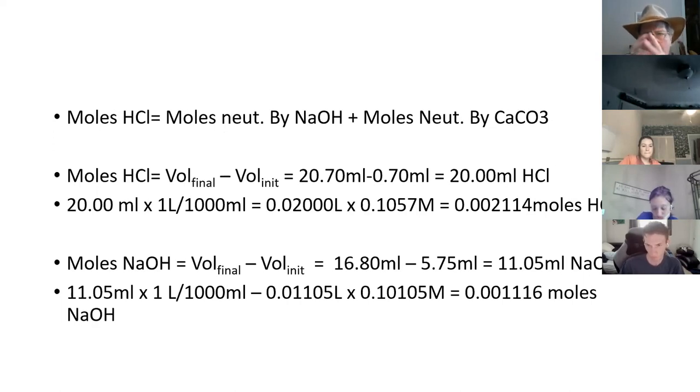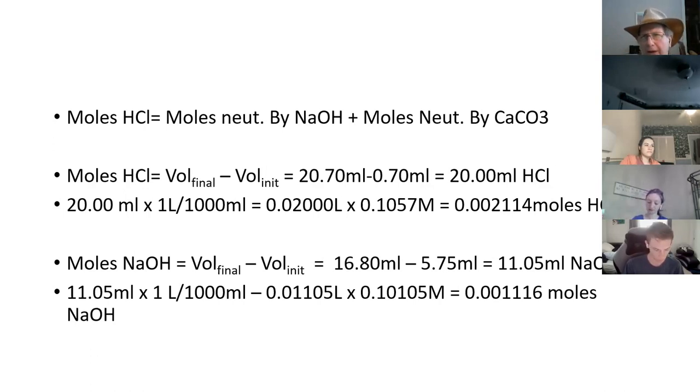All right. Now, as I said before, we have 2 sources of base. We have the moles of the NaOH and we have the moles of the CaCO3. If I add those up, they're going to equal the moles of my HCl. To get the moles of my HCl, same thing I did last week.